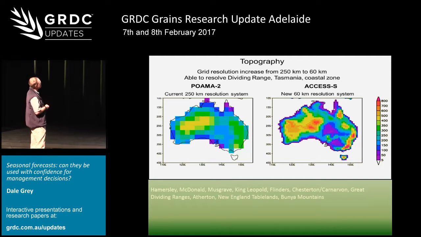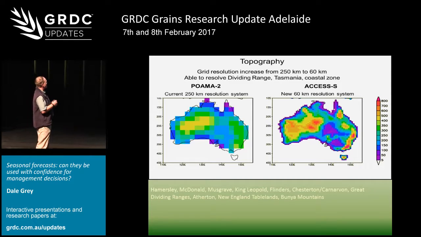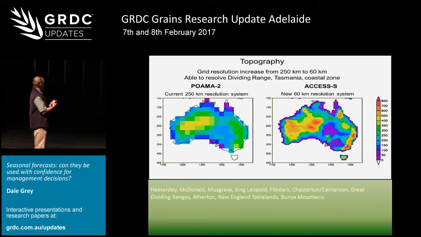Access S is the new model that the Bureau is working on. They've pulled it straight from the UK Met Office, then they're going to Australianise it, and it's got a resolution of 60 kilometres, so much finer, but that's four times the resolution, so 4 times the computer grunt required, and that's what's happening with the new computer and this new model.